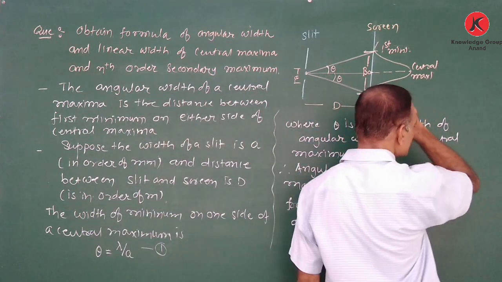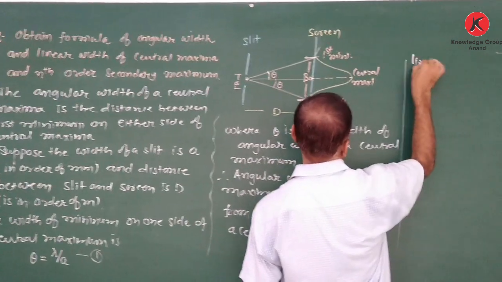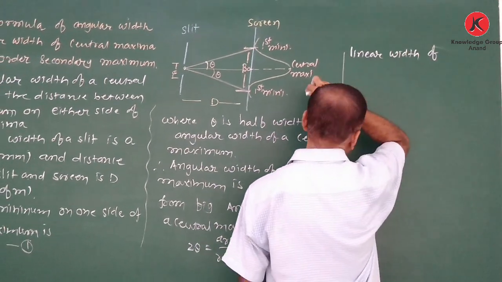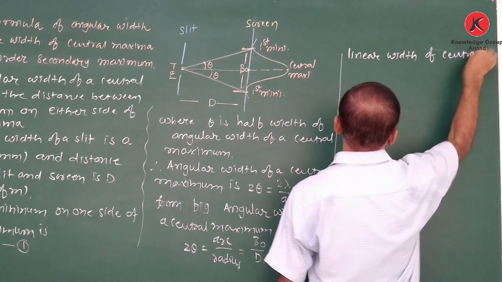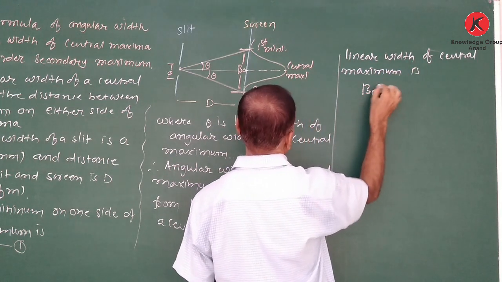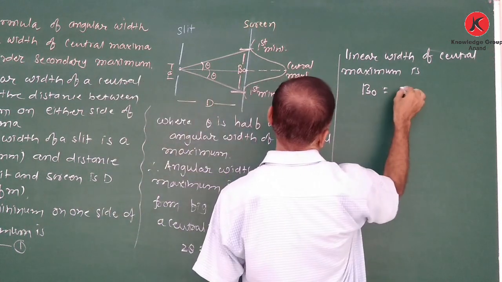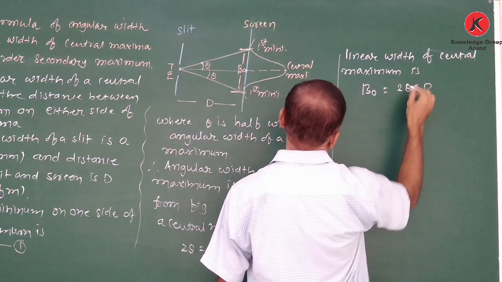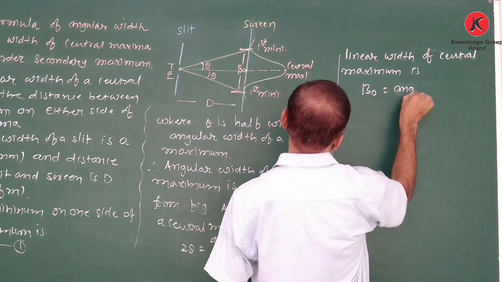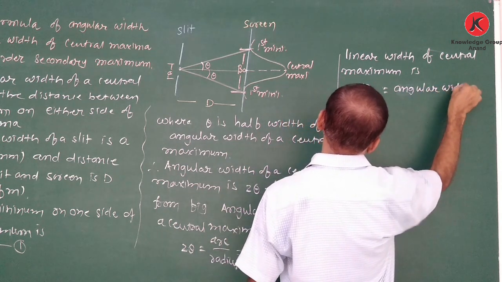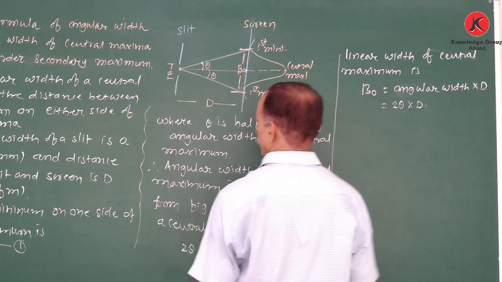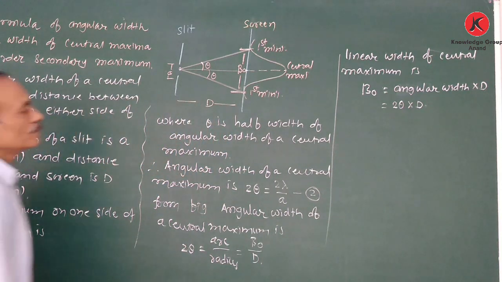Therefore, the linear width of the central maximum is beta 0 is equal to 2 theta into D. That means the angular width into D. The angular width is 2 theta into D. From equation 1, substitute the value.